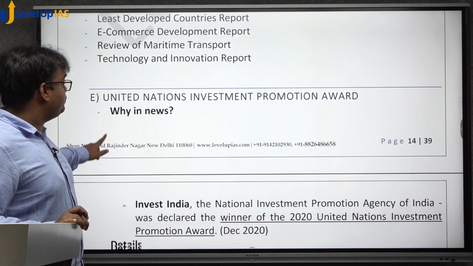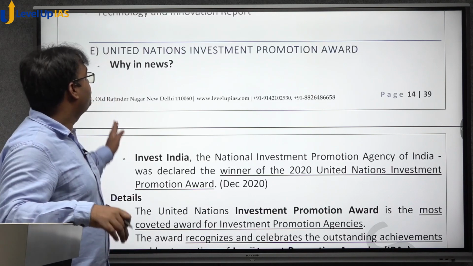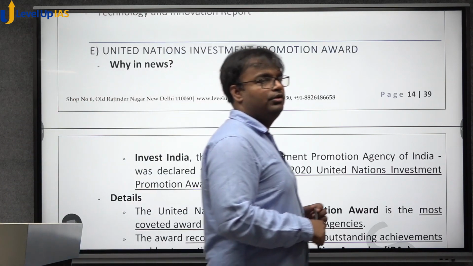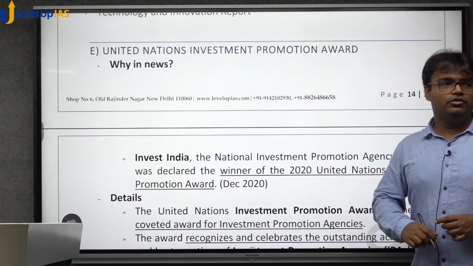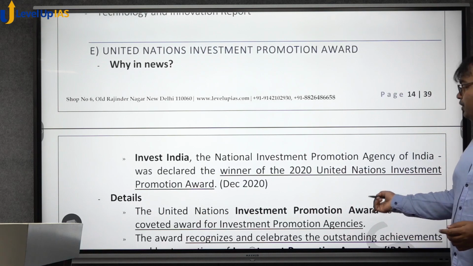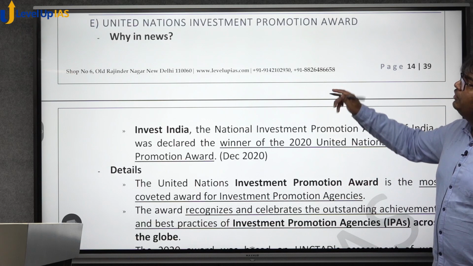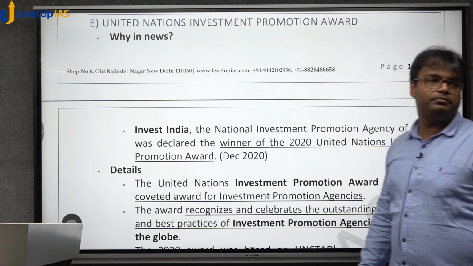Now, there was another thing about UNCTAD which was in news, that was the United Nations Investment Promotion Award. Invest India, which is the investment promotion agency of India, has been given this award in 2020.